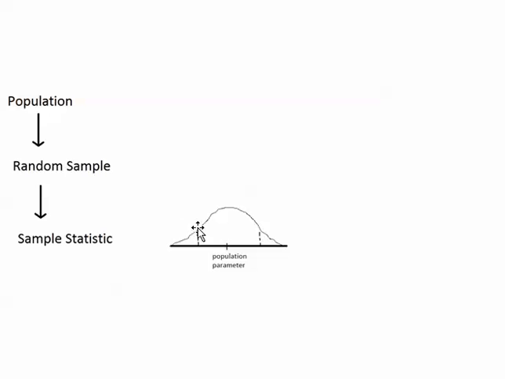At a certain point down here, and at a certain point up here, we're going to have the boundaries of the area that includes the middle 70% of the possible samples that could be selected. And there's a 0.70 probability of the sample statistic falling in that area.